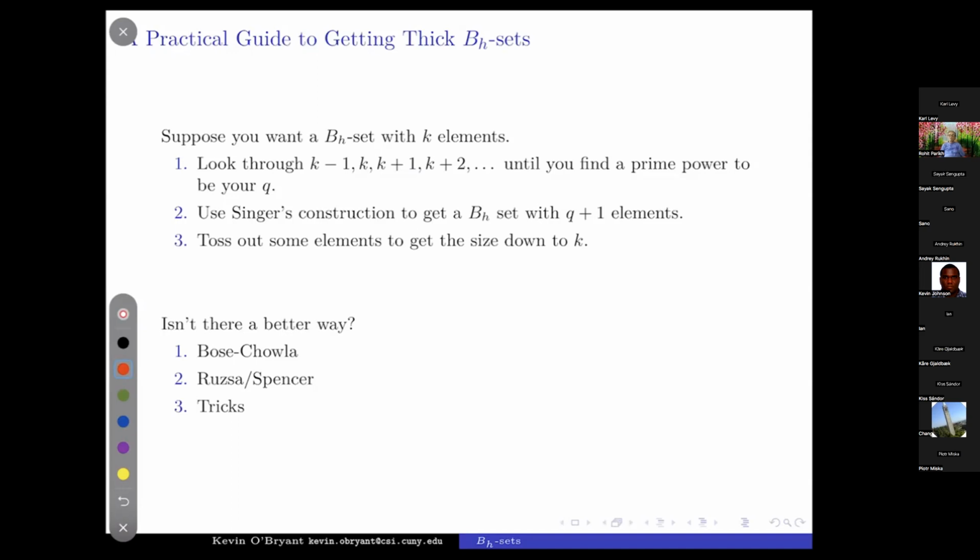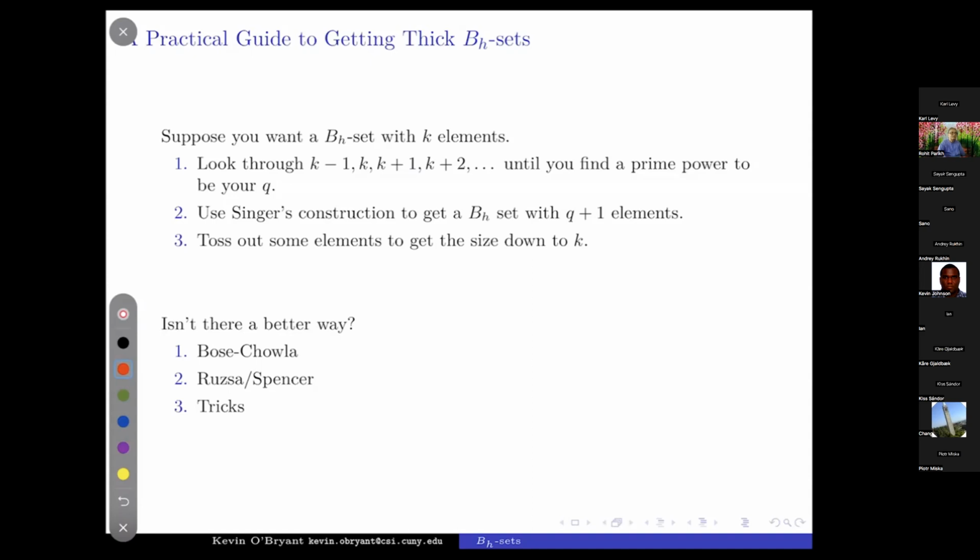And for the case when H equals 2, which is the primary case people have been interested in, Ruzsa has one that it turns out appeared earlier in some article of Spencer that I haven't seen, that is much faster and still just a little bit worse than Bose and Chowla. Right? So there's some trade-off here between computation and quality.